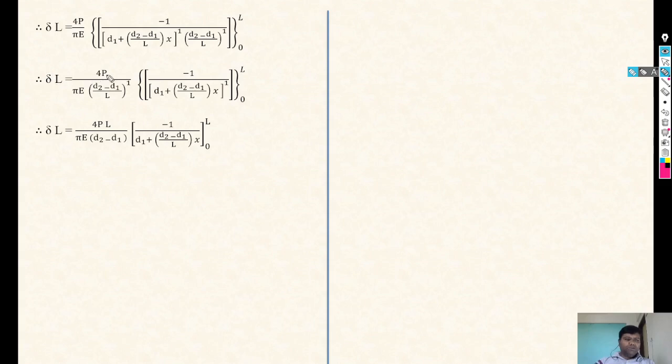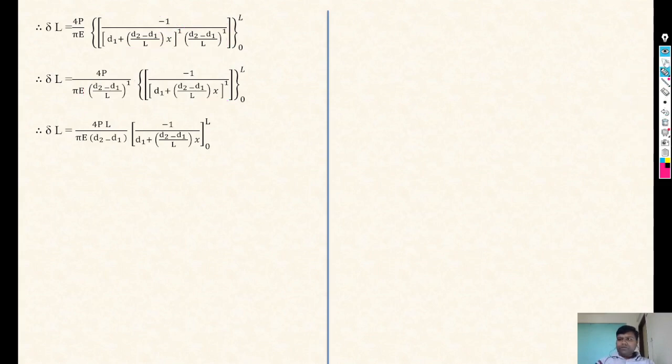Delta L is equal to 4P by pi E into (d2 minus d1) by L into A. This is a constant term, so we have taken that term out of the limit. The remaining term is minus 1 and d1 plus (d2 minus d1) by L into x raised to n.